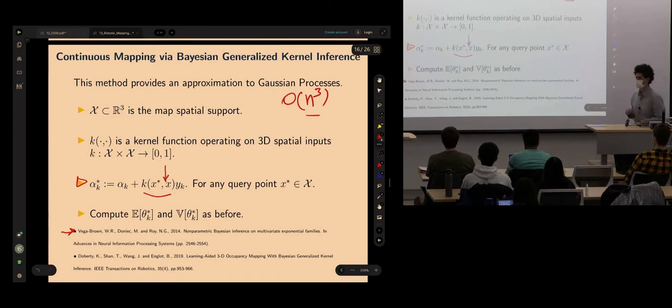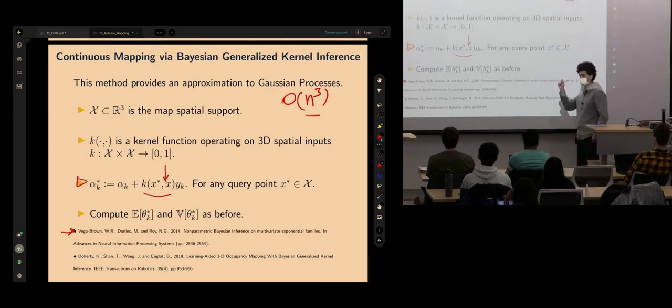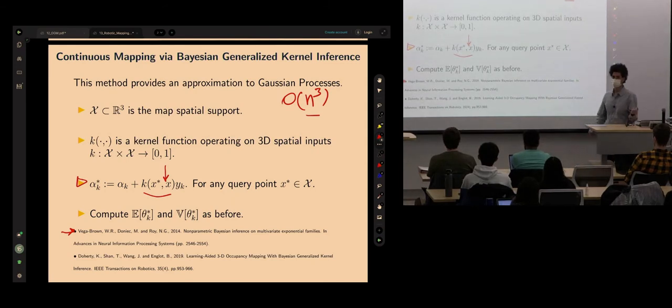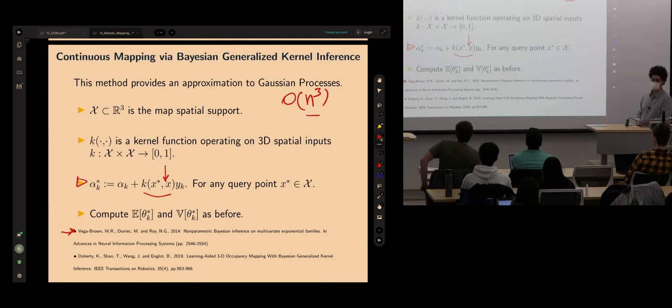Now, another consequence of this is that if X is, let's say, the 3D location of the LiDAR point, there isn't any limitation on where to query. You can query any point in the space to know its distance to that observation. So that makes the map continuous. Now the underlying model is not tied to a discretized representation, although we might choose to work with those voxels still, because it's convenient.